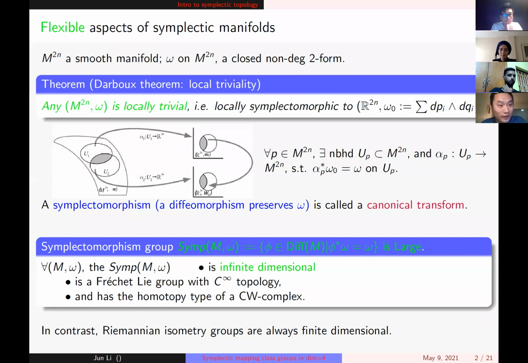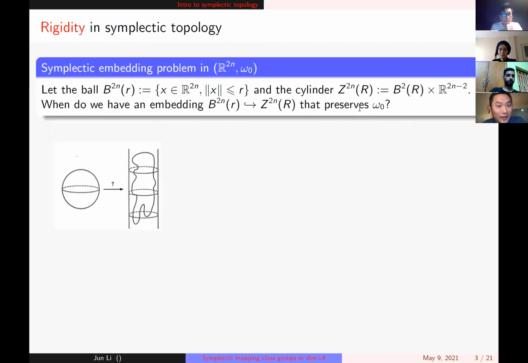But I think the important thing is that symplectic geometry is also rich in rigidity. The first thing on the rigidity side of symplectic topology is the symplectic embedding problems, described in detail in Kevin's talk yesterday. Here we have a ball and a cylinder. You may notice that my notation is slightly different from Kevin's.